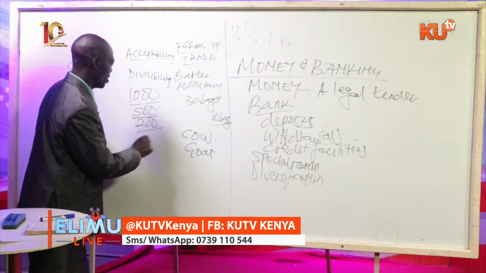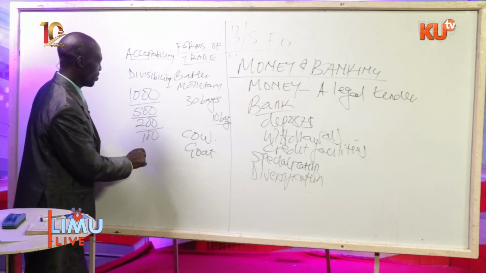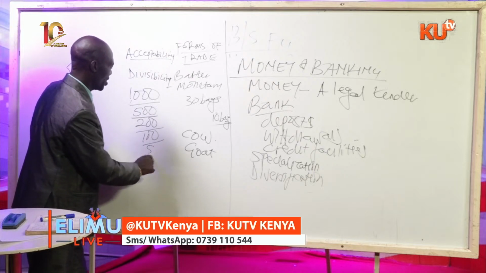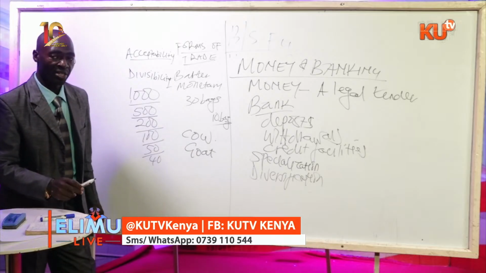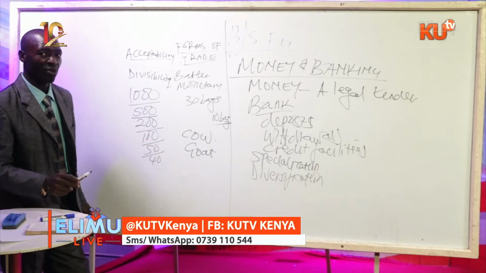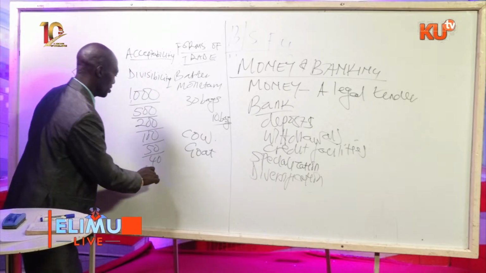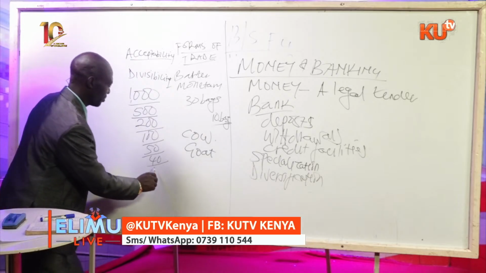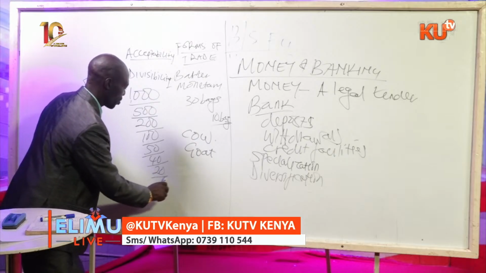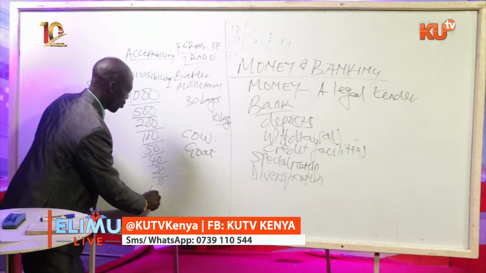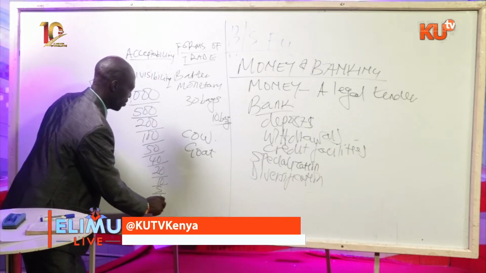Then we have 100, then 50, then 40. We have a 40 shilling coin. It's still part of our currency. Then from 40, we have 20, 10, 5, and then 1.